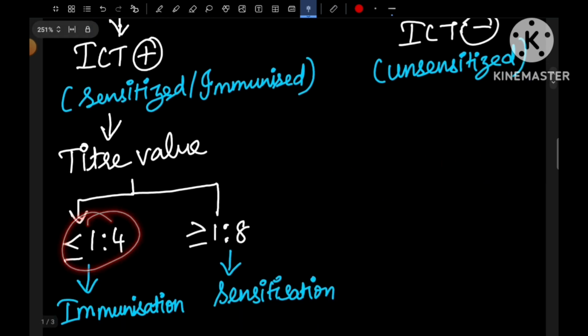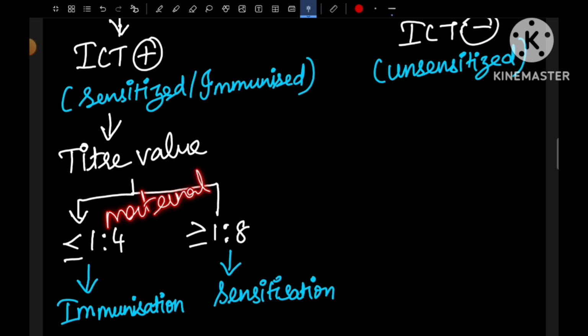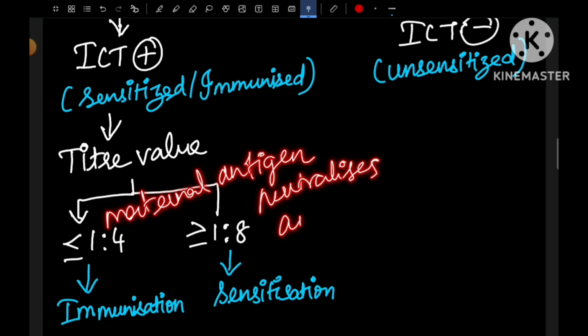This antigen is a maternal antigen. The maternal antigen itself neutralizes the anti-D antibodies.